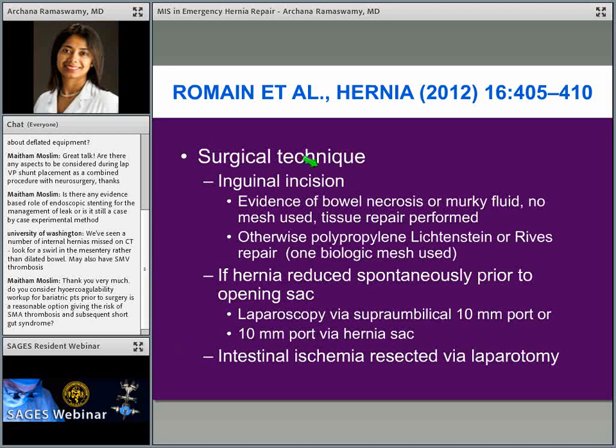Their approach was to do an inguinal incision, and if there was evidence of bowel necrosis or murky fluid, no mesh was used, and they performed a tissue repair. Otherwise, they did a Lichtenstein or a Rives repair with synthetic mesh, with 1 case of biologic mesh being used. If the hernia reduced spontaneously prior to opening the sac, then laparoscopy via an umbilical incision or through the hernia sac was performed, and then onwards with resection if necessary.